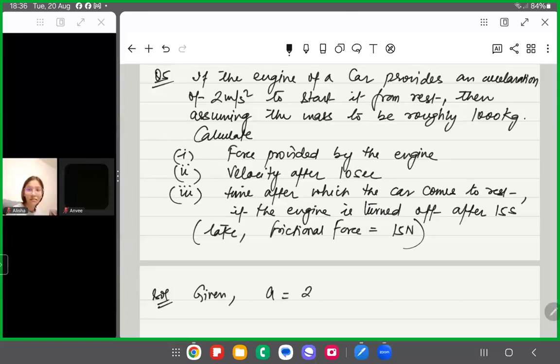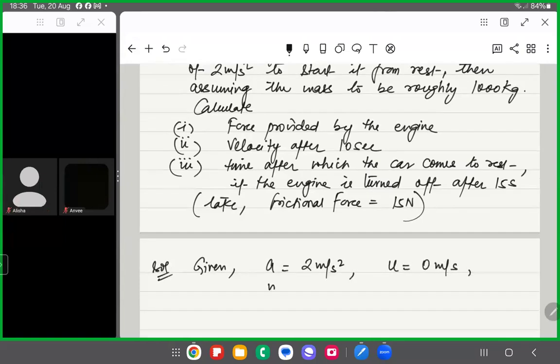Acceleration is given, that is 2 meter per second square. Since it is starting from rest, initial velocity is 0 meter per second, and mass of the car is 1000 kg. Now, what do we have to calculate? In the first part, we have to calculate the force provided by the engine.